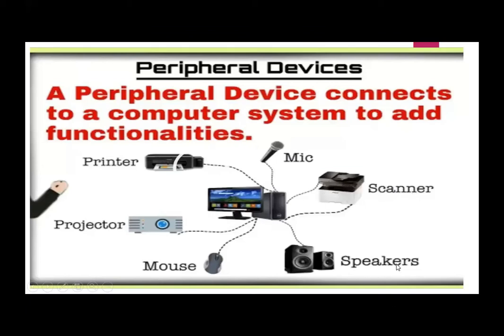Speaker works as an output device. Mouse works as an input device. Projector and printer both work as output devices. So all the input and output devices attached to the computer together are called the computer peripherals.